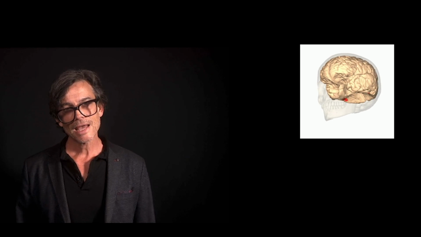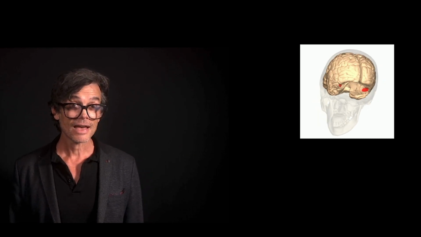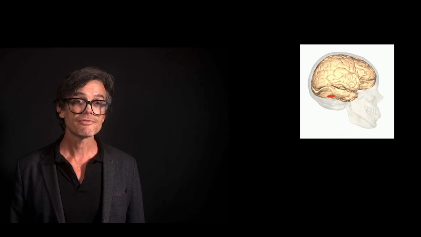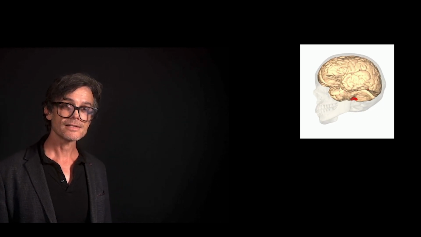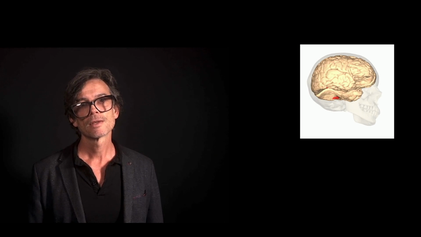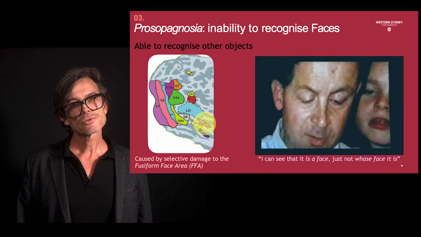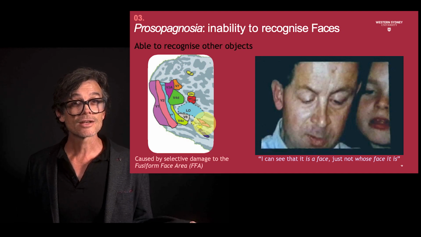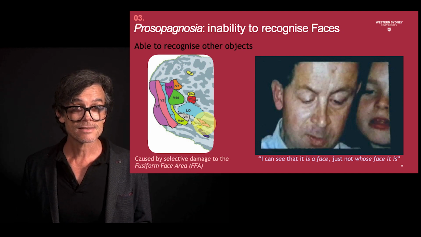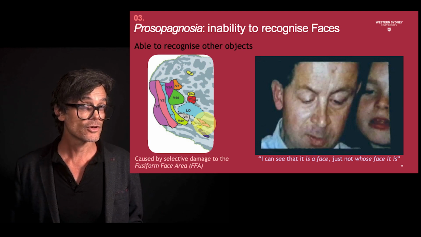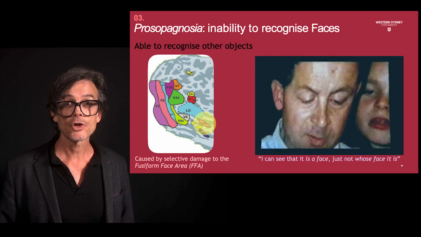Some of the most compelling evidence implicating the FFA as a brain area specifically involved in the perception of faces comes again from lesion studies. Now, there exists a small number of people who possess brain lesions specifically localized to the FFA. These individuals are unable to recognize or identify faces, a perceptual deficit known as prosopagnosia.